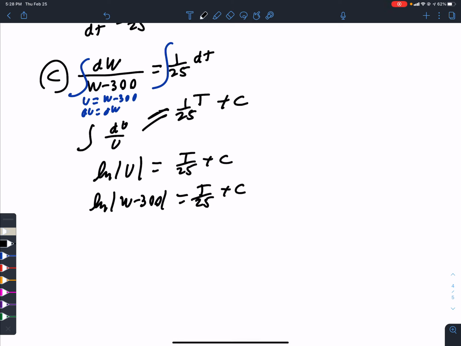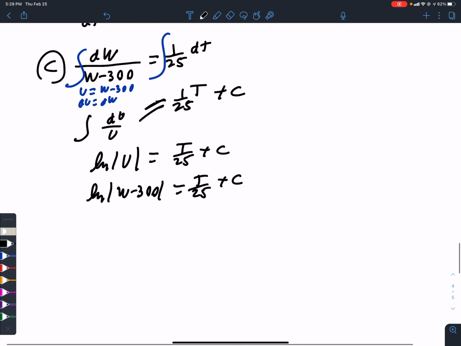All right, let's keep going. Now, there's actually a way to get rid of this absolute value right now, but I'm not going to use it. But you could. You could say, since w is always greater than or equal to 1200, like we said earlier, this is always positive, therefore I don't need the absolute value.